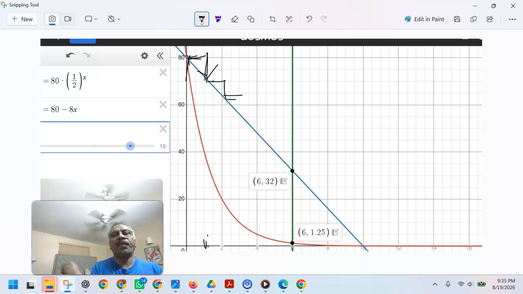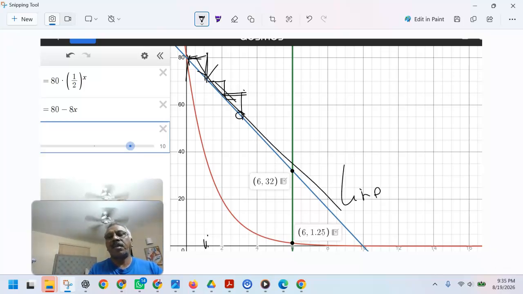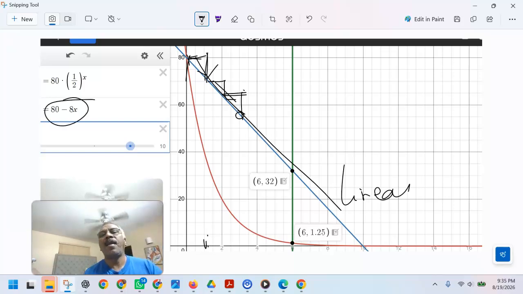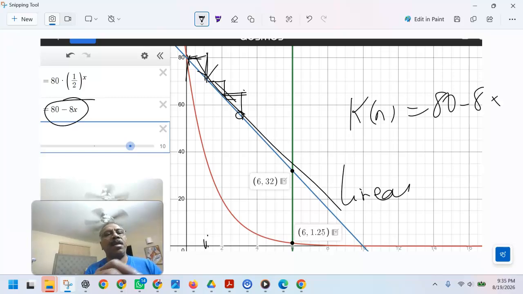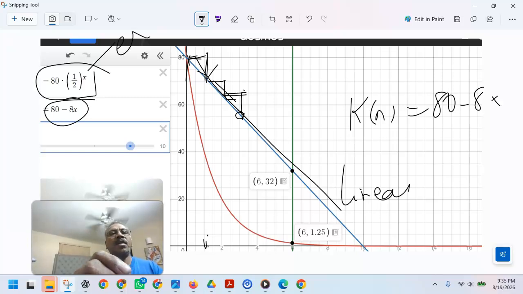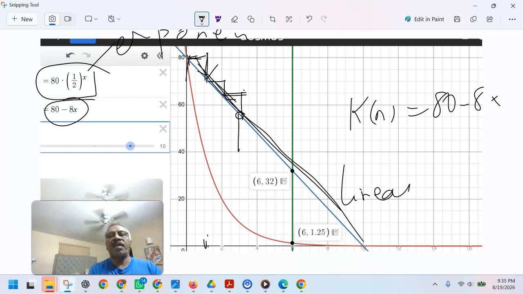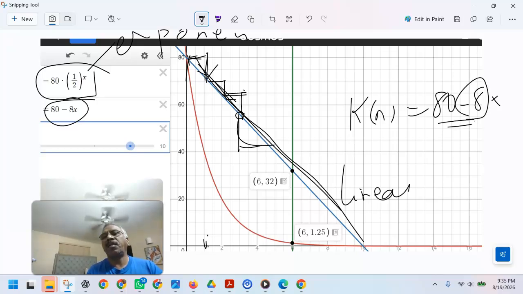With 3 cuts, it goes here like that. So this is linear, because you can see K_n is 80 minus 8x. But this one is exponential. It doesn't go like that each time. It does not have the same rate of change. Here you have the same rate of change, which is d equals minus 8, the common difference. Every time it goes down by 8.